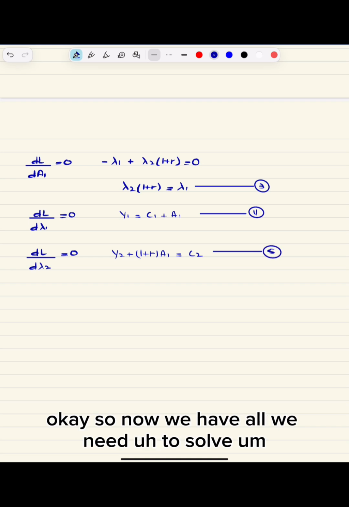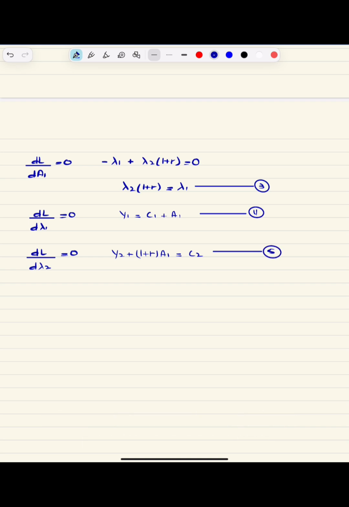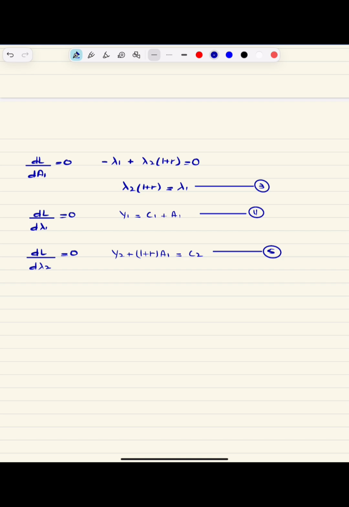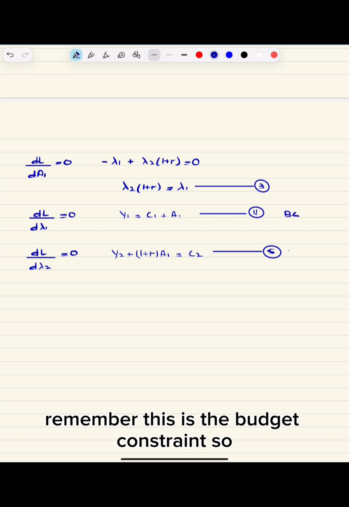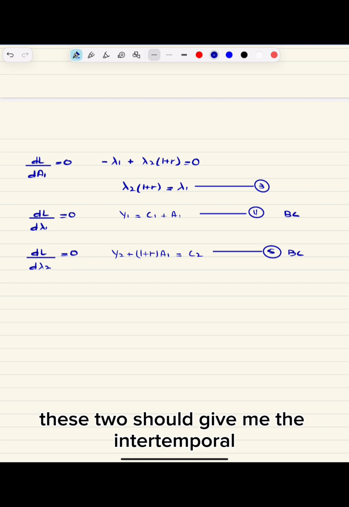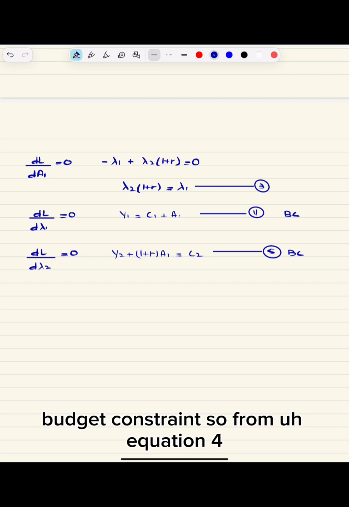Okay, so now we have all we need to solve our question. First, let's look at the budget constraints. So remember, this is the budget constraint, and this is the budget constraint. So combining these two should give me the intertemporal budget constraint.